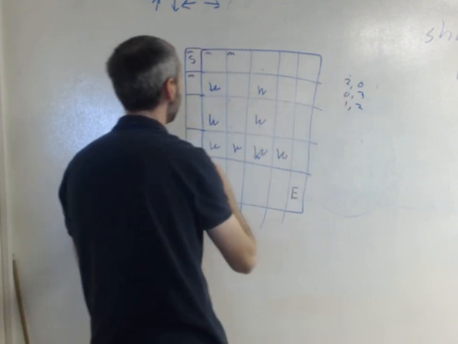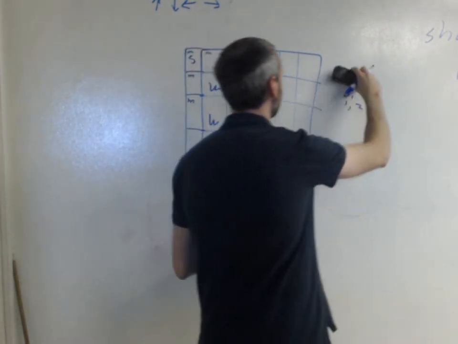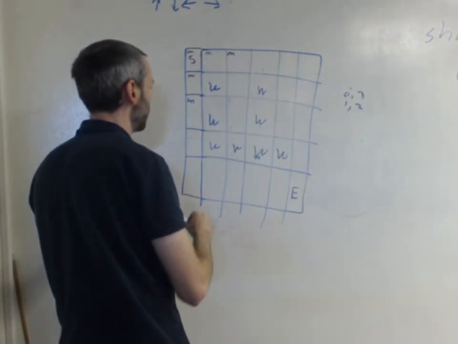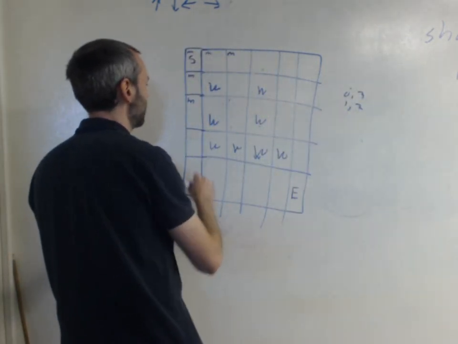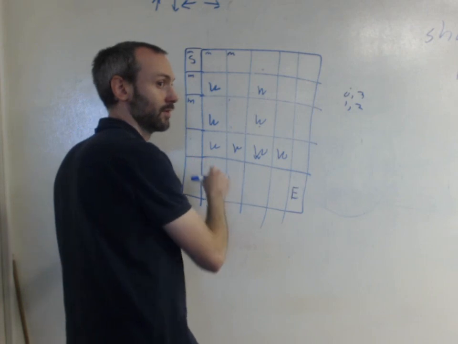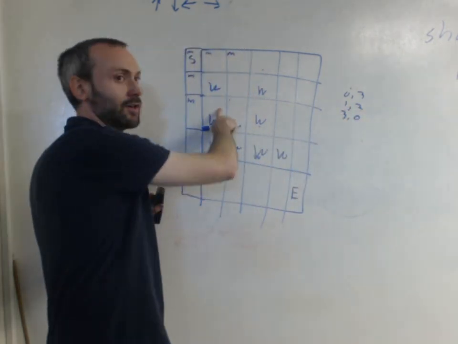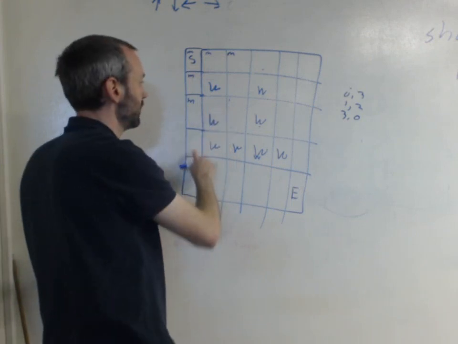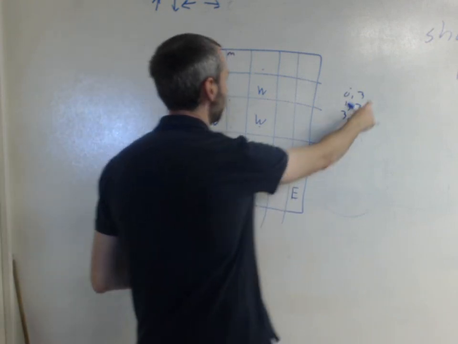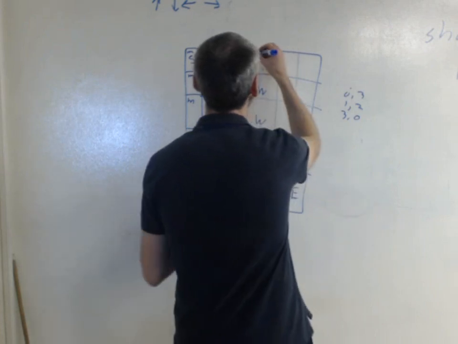Then we go back to the front of our list, 2, 0. So we're going to mark that. We add everything we can go, where we can go to. What's that one? 3, 0. Right down here. We can't go over here because there's a wall. But we can go down here. Okay. Then we go back to our list. We're at 0, 3.